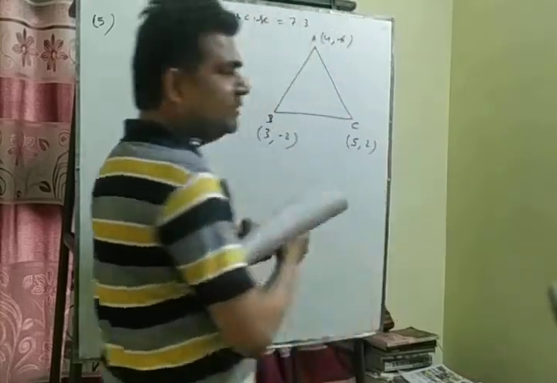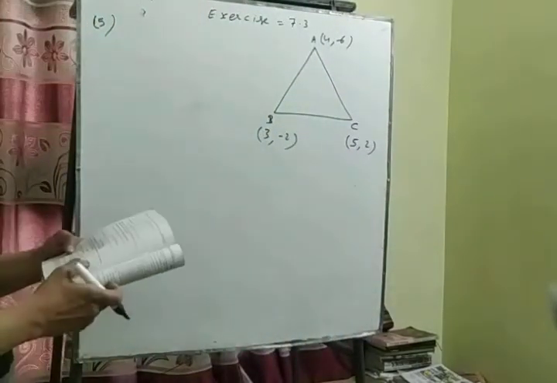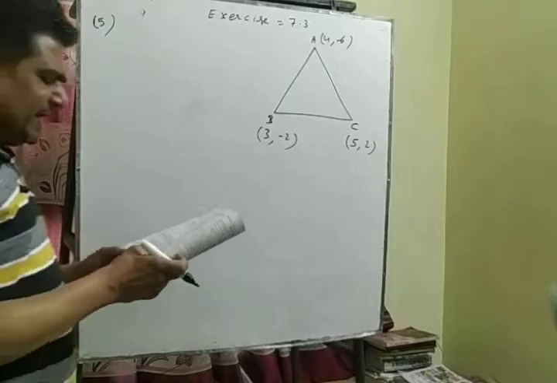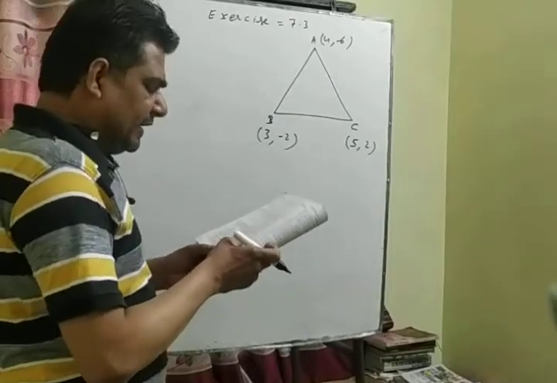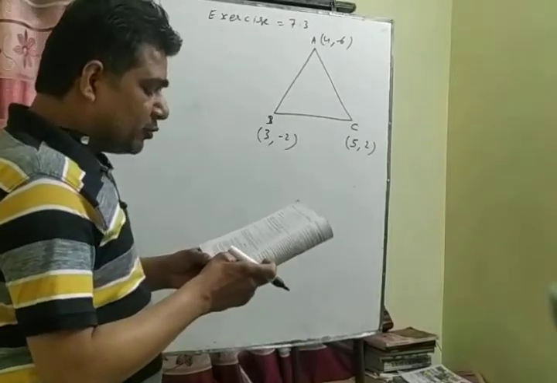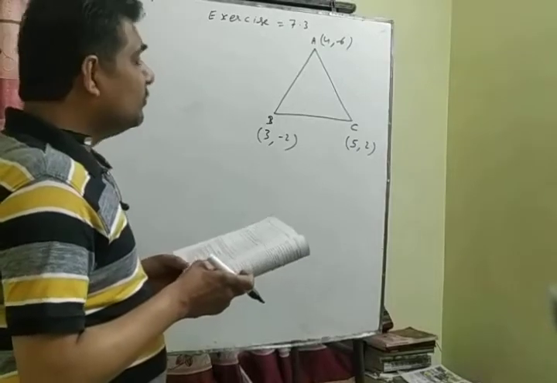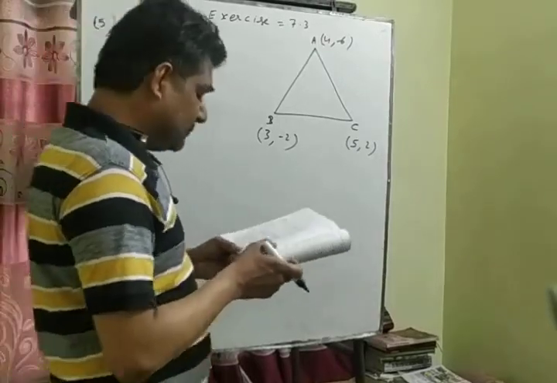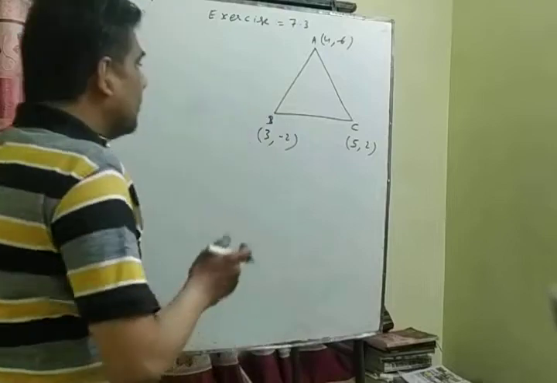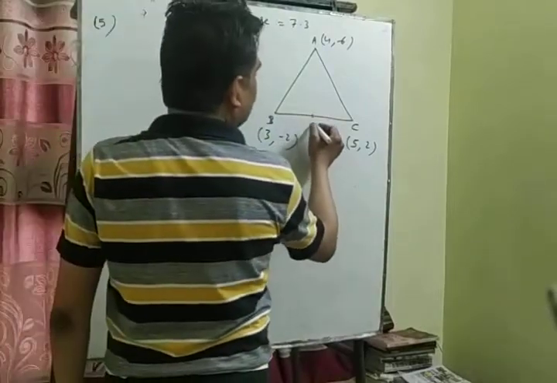Now you have a triangle; a median divides the triangle into two equal area triangles. Verify with this formula. Now we find the midpoint of BC.